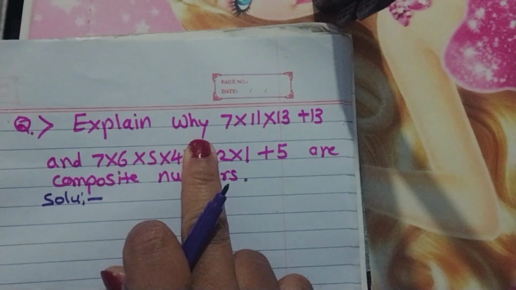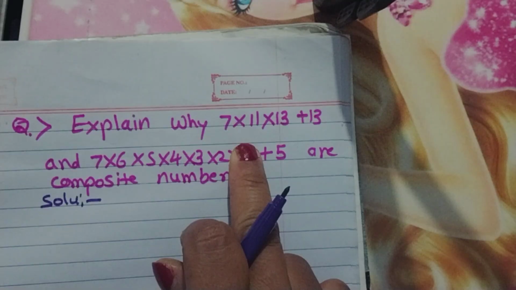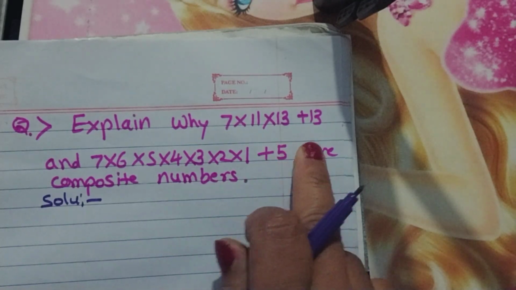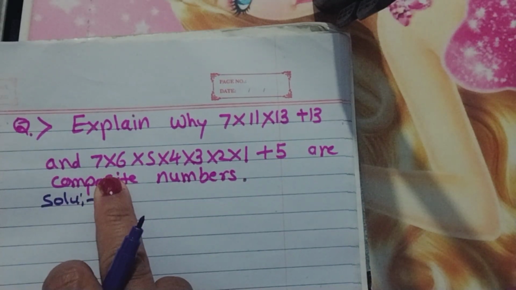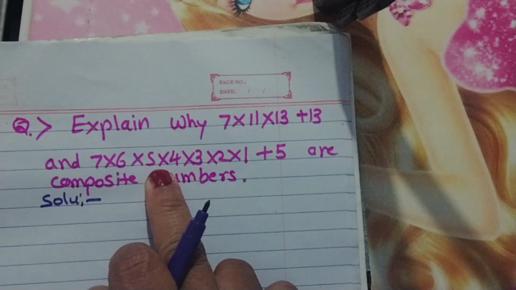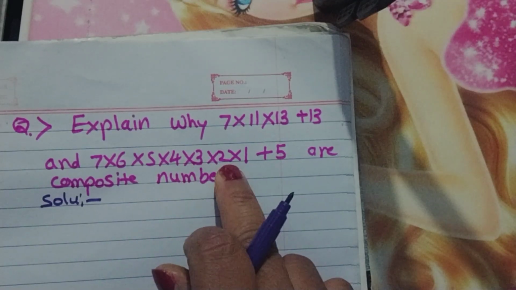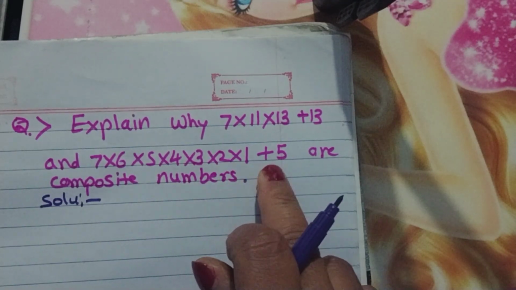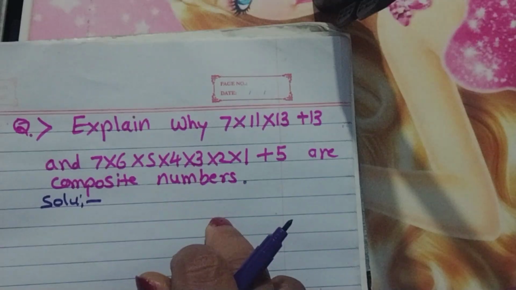The question is: explain why 7 multiplied by 11 multiplied by 13 plus 13, and 7 multiplied by 6 multiplied by 5 multiplied by 4 multiplied by 3 multiplied by 2 multiplied by 1 plus 5, are composite numbers.